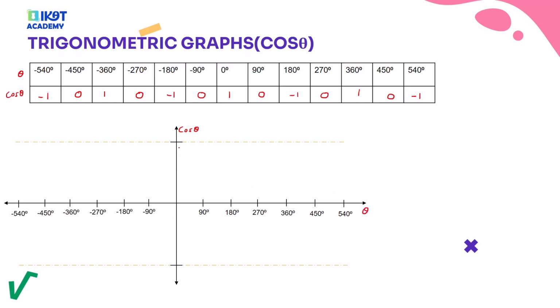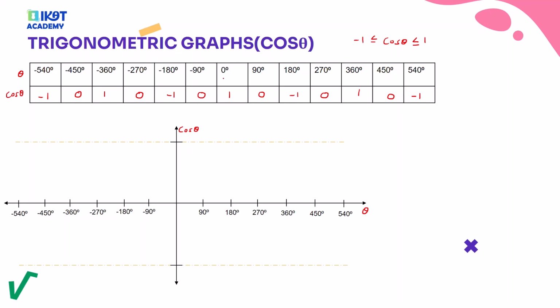The first thing I want us to note before going ahead is that we picked all the multiples of 90, 0 plus 90, 90, and so on. We could have kept on going, but we just stopped at 540. But we can notice that cos theta is between 1 and negative 1. The minimum is negative 1, the maximum is 1.